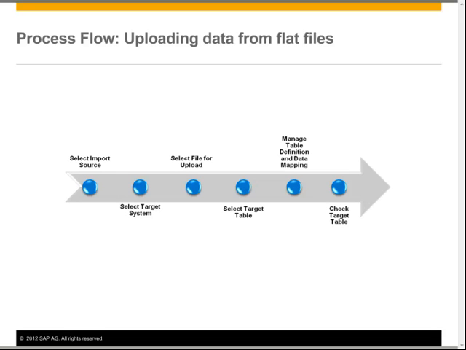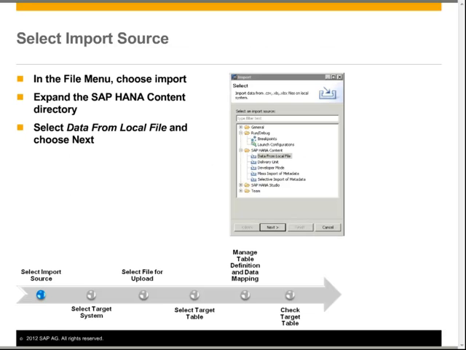So to the overview of the process flow, how we'll go about uploading data into HANA from flat files. We'll first select an import source, select a target, select the actual physical file, and select which target table it should go into. We'd manage the table definition and data mapping. Finally, we'll check the target table so that it looks presentable.